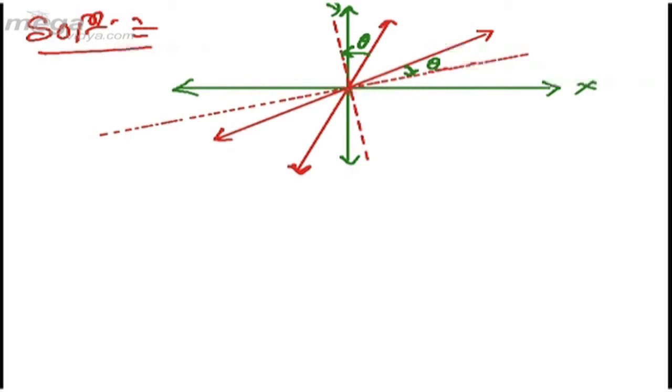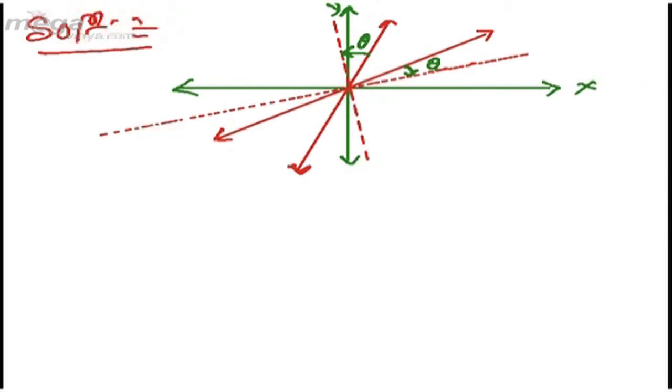And if this line is moving theta in clockwise and this line is moving theta in anti-clockwise, then also the bisector will be same.